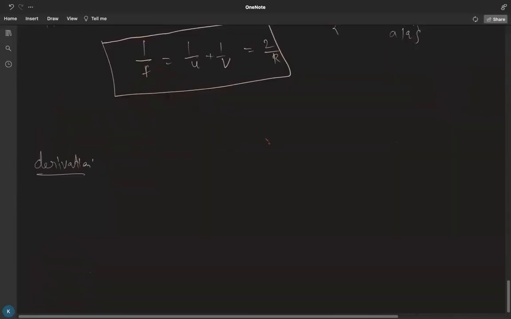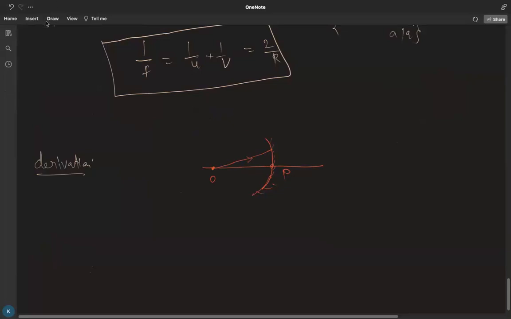I'm assuming that this is our concave mirror, this is our pole, and there is our object in front of the mirror. I'm assuming that the image is also formed in front of the mirror.